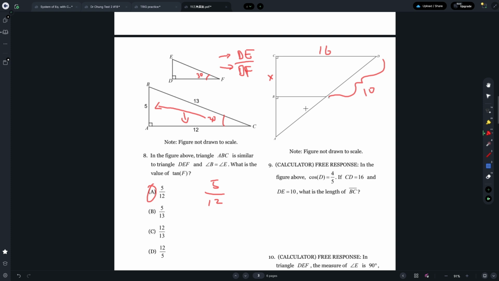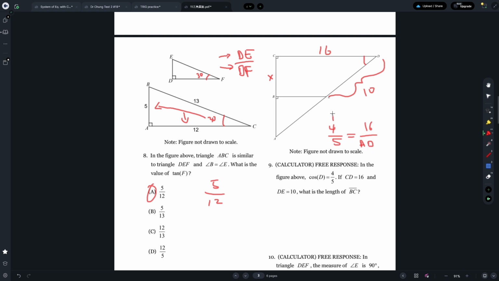So they want to know the length of this. So now we're working with similar triangles here. So cosine D, which is right here, which is adjacent over hypotenuse, is 4 over 5. So we know the value of adjacent is 16. So 4 over 5 equals 16 over hypotenuse, which is AD.